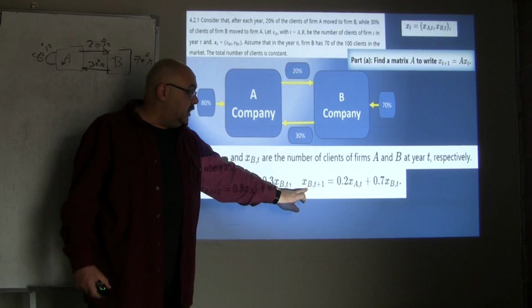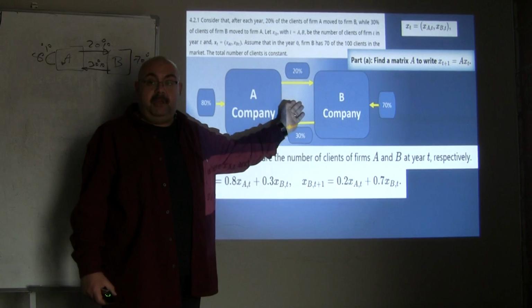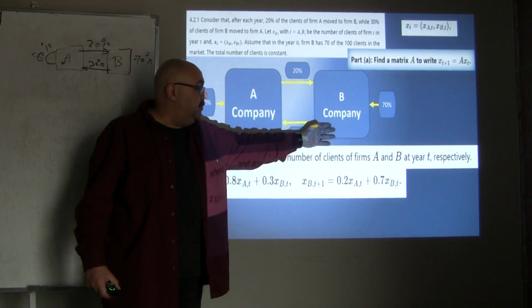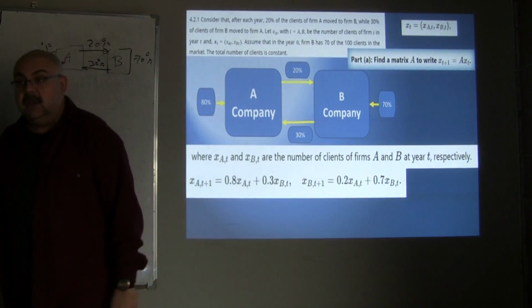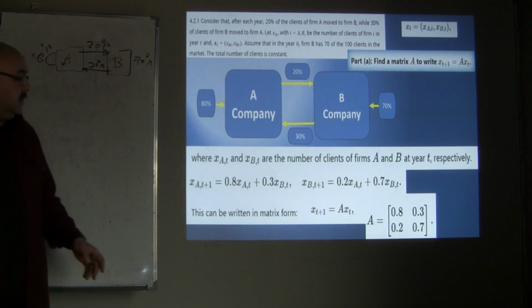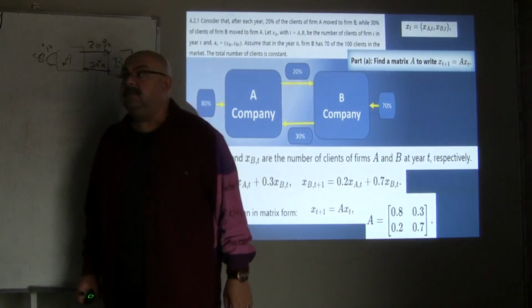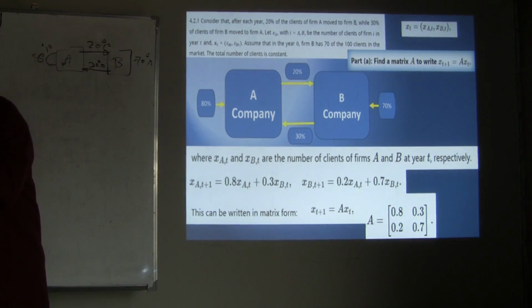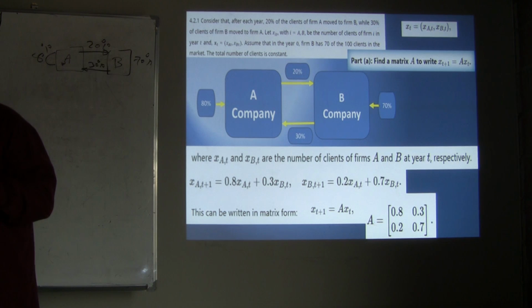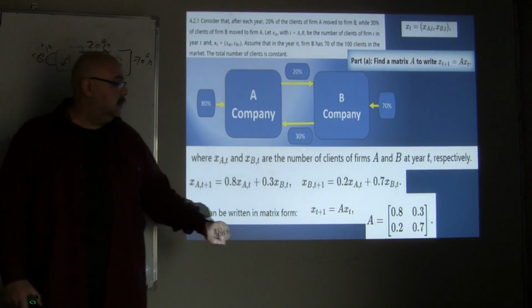And for the second row, B is going to be 0.2, which is the movement from A to B, plus the people in B, which is 0.7. Now I can put them in a matrix, which is simply going to be 0.8, 0.3, 0.2, 0.7, as you can see. I can analyze it to get the eigenvalues and the eigenvectors. Can you help me out with this? The eigenvalues? Yes.